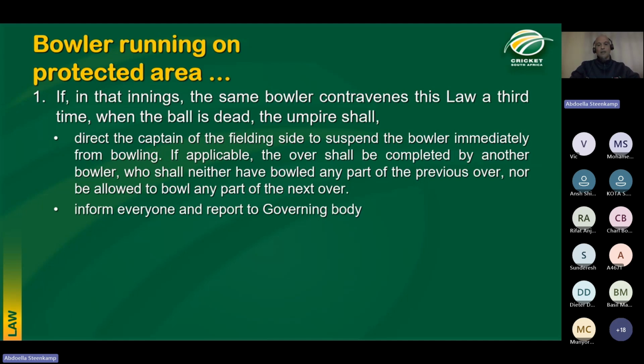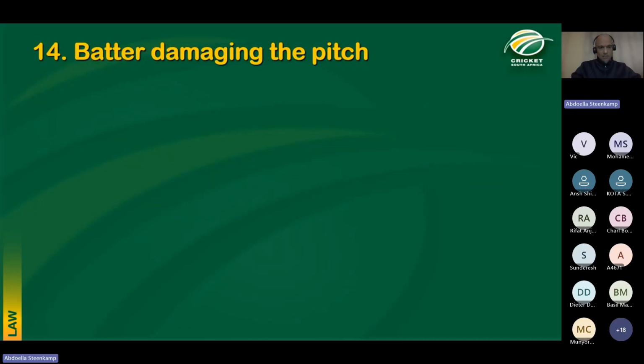Speak to the bowler, but if it's on day 5 and spinners in the side and the bowler is running in, you'll be much firmer in how you deal with it compared to the first over or first morning of a test match. So that is the bowler running into the protected area.